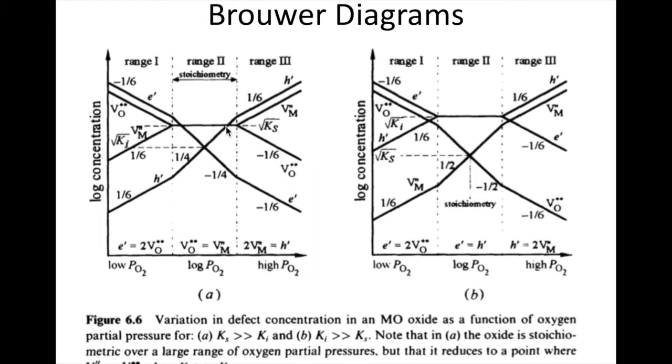Basically, this flat line represents both metal vacancies and oxygen vacancies in that intermediate region, which is what we determined, that those concentrations were equal to a constant, so there's no dependence on PO2, and so they're just flat, right?